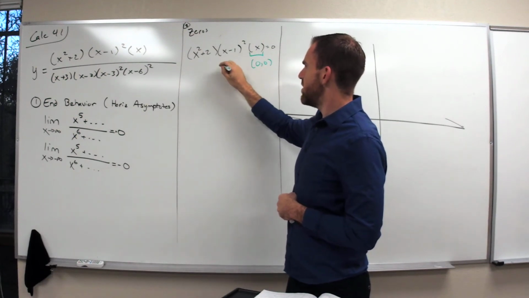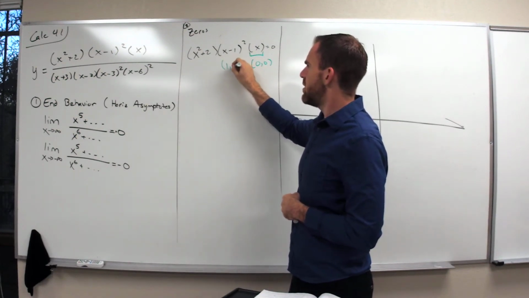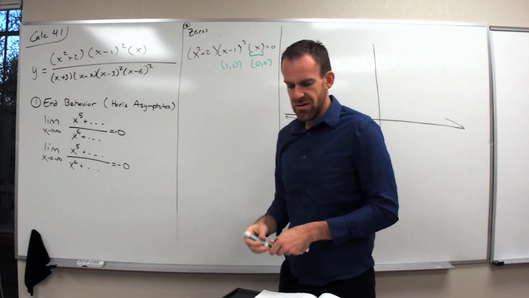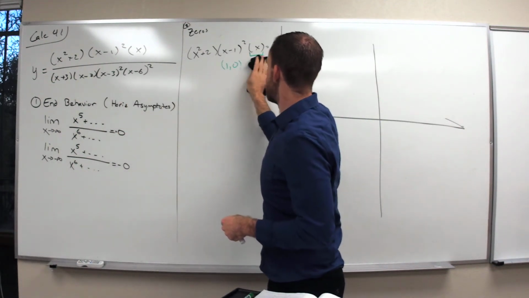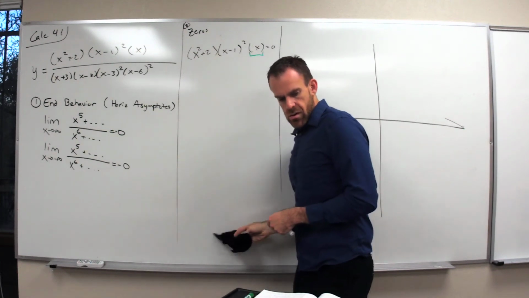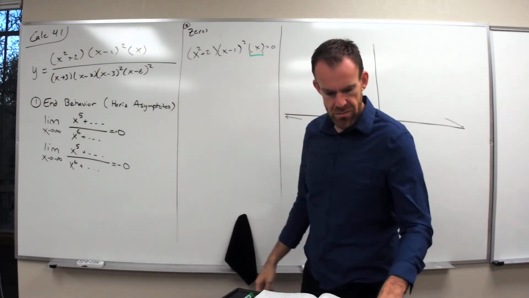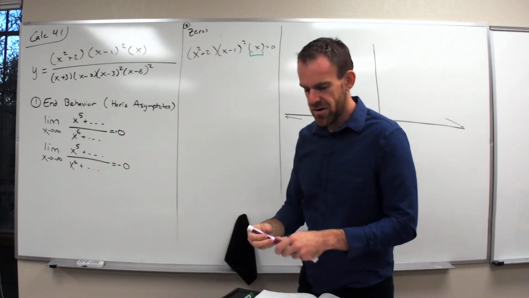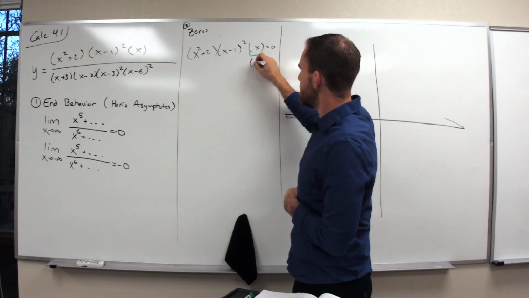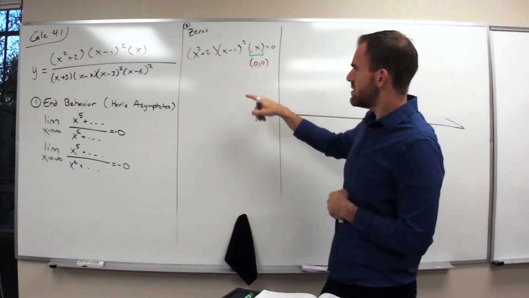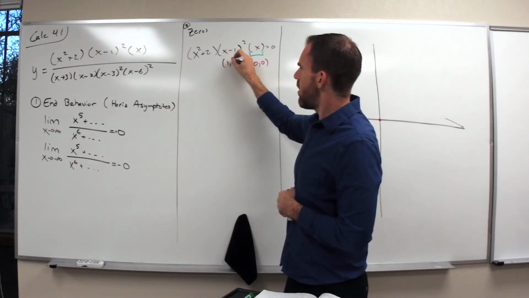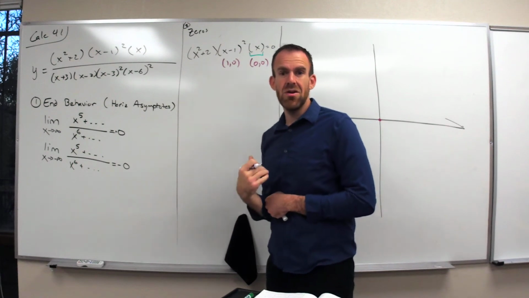Here, if I plug in 0, or if I plug in 1, I get a 0, and you can't really read that, so let me do that in a darker color. There we go. My blue marker has disappeared. It's over. So this is going to be 0, 0. We'll mark that. This is going to be 1, 0. If I plug in 1, I get 0 out.